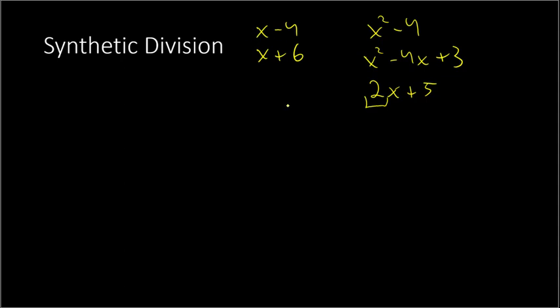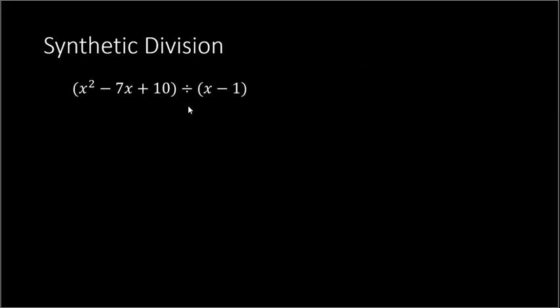So let's take a look at an example of using this process. Here we have x squared minus 7x plus 10 divided by x minus 1. So what we do is we're just going to be looking at the numbers. So we just take out all the variables and just look at the numbers, the coefficients specifically. So for example, we have 1x squared and we have negative 7x and plus 10.